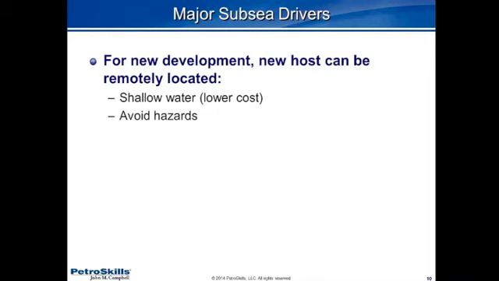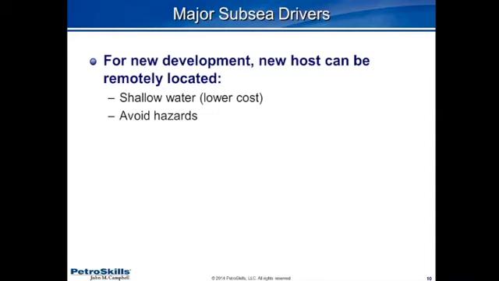And these might include a response to water depth, where we might be able to save money by positioning our host platform, our production platform, in shallower water by drilling our wells and having our reservoir developed with remote satellites which produce back to the host.